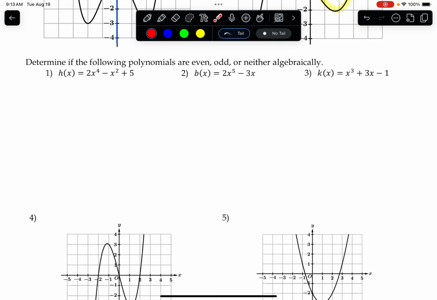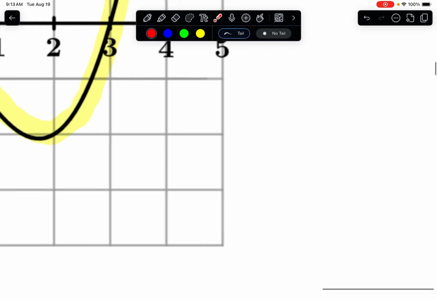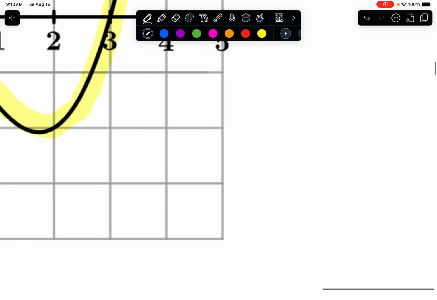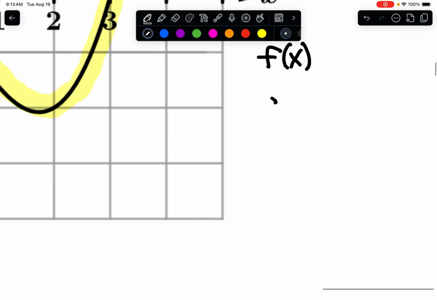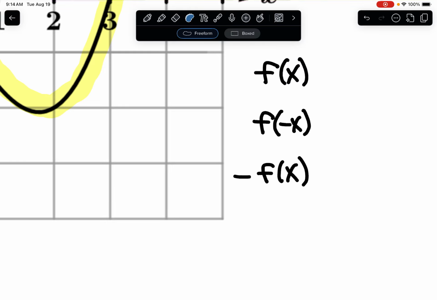So now we did it graphically, and now I want to show you algebraically what it's going to look like. A little setup that I like to use: we have f of x, which is the original function, and then we're going to do a reflection over the y-axis, and then a reflection over the x-axis. We want to see which of these is going to be the same. So let me move these over a smidge.